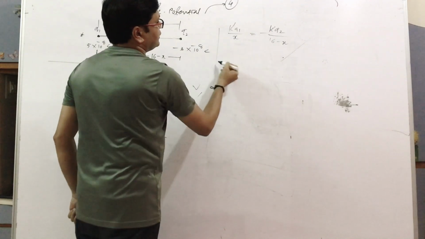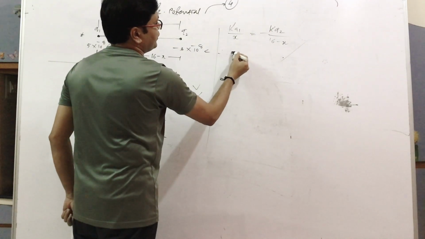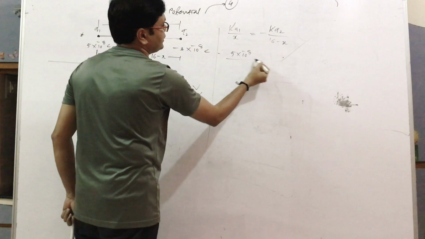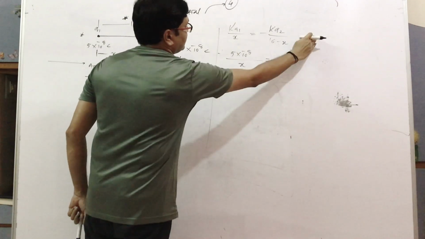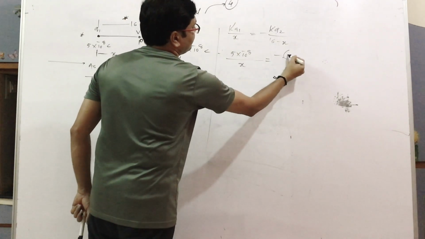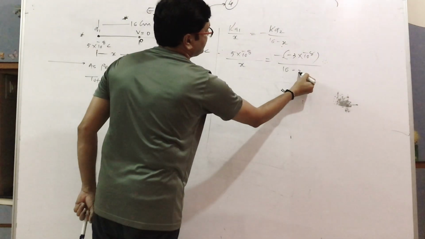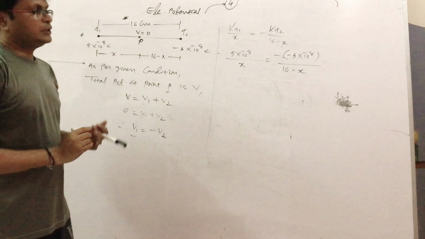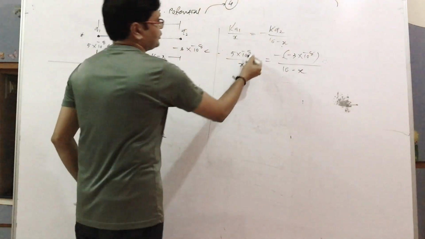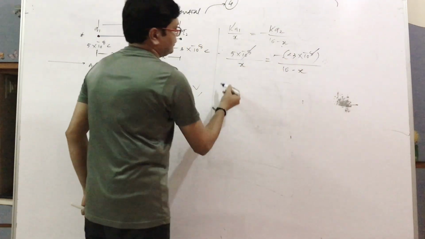k cancels. Here Q1 is 5 into 10 raised to minus 8, x is your target. Here Q2 is already minus 3 into 10 raised to minus 8, and 16 minus x. Now, definitely, if you think about simplification, it is very easy.